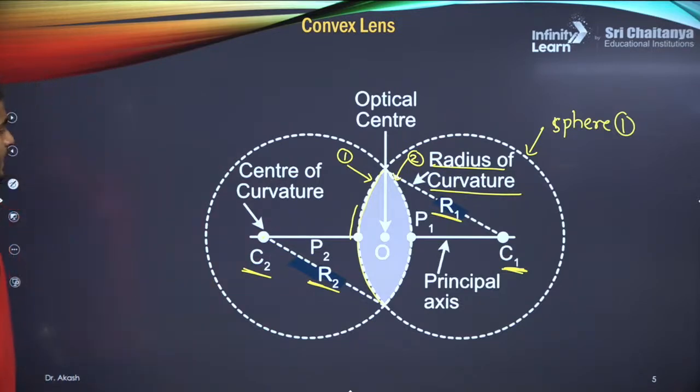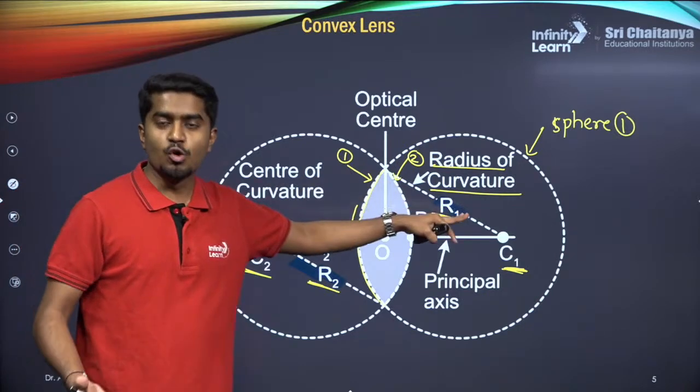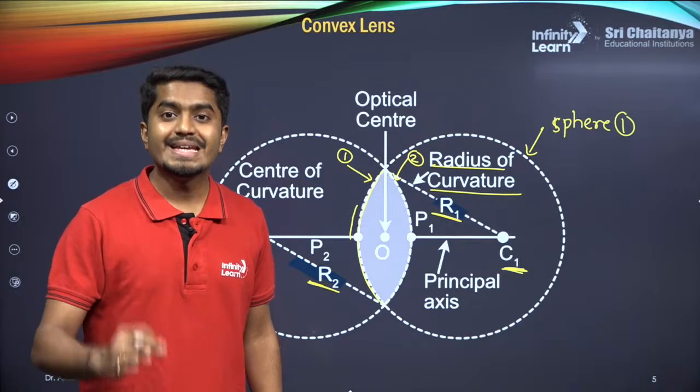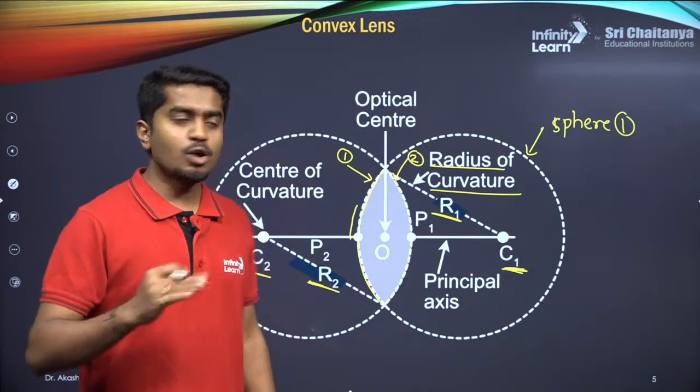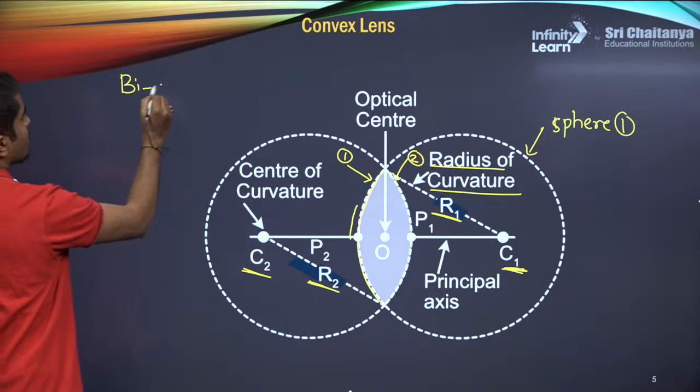All right. So these are the important things which you should know, but we are going to learn a simpler case. We are going to learn the biconvex lens.